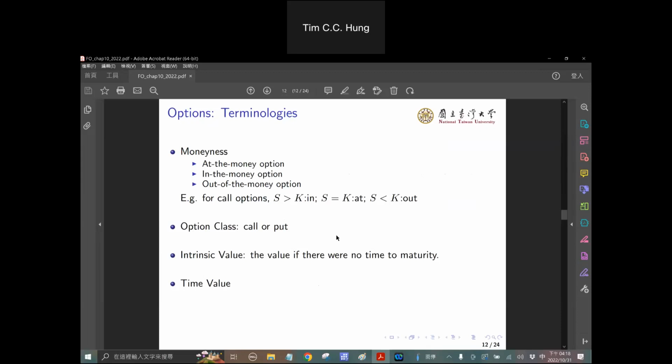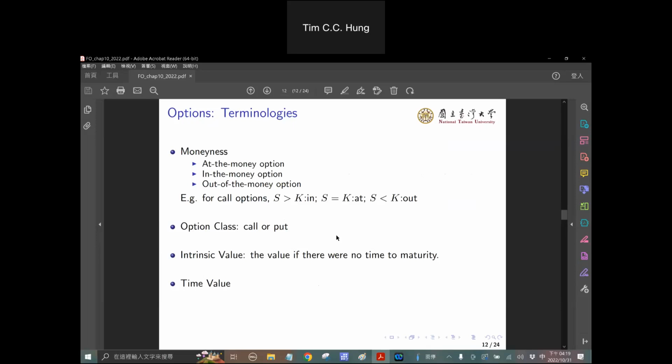If it's an in the money option, it means that if you can immediately exercise this option, it will be rewarding. Say for a call option, it means that the strike price is lower than the underlying price. Out of the money is opposite to the in the money options. This is what we call moneyness.